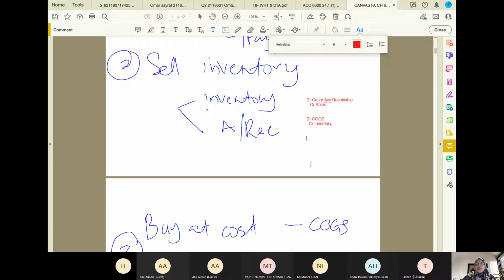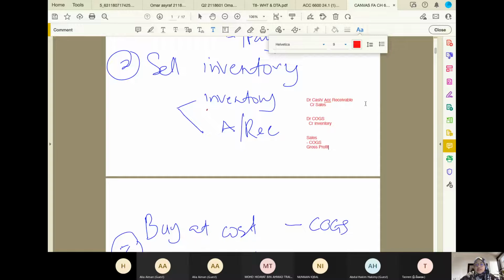The difference between your sales minus your COGS will give you a gross profit. So you have to know this formula: sales minus COGS gives you gross profit.